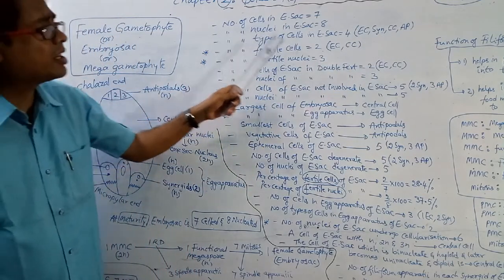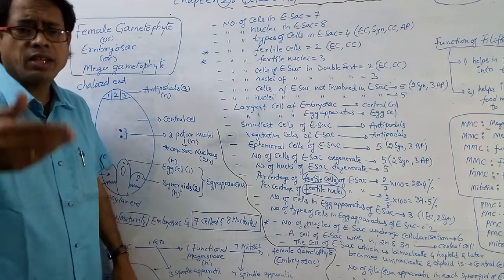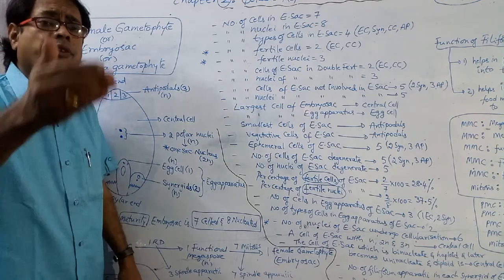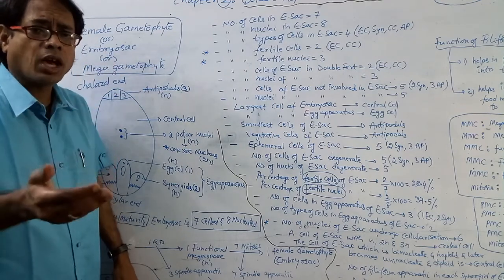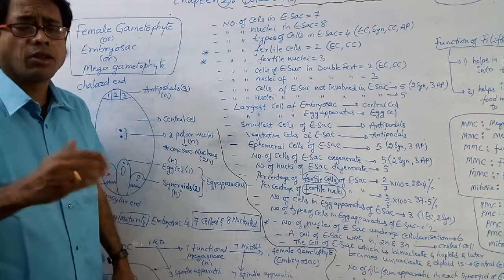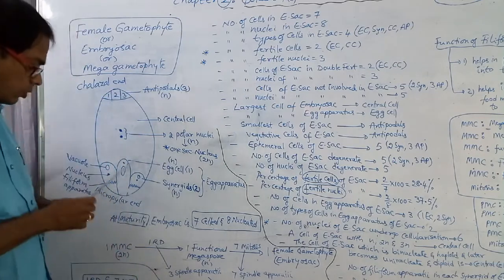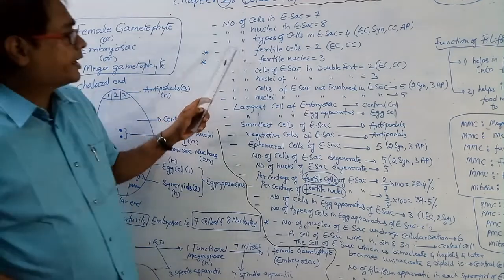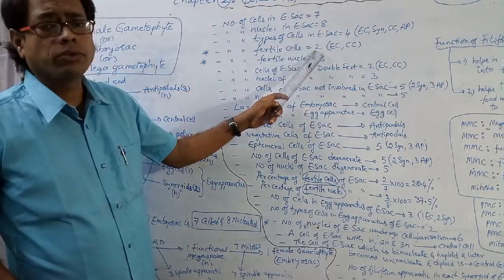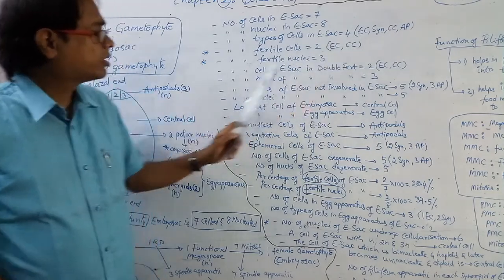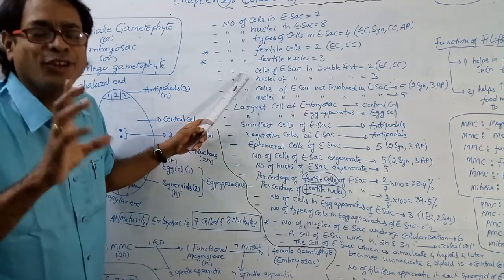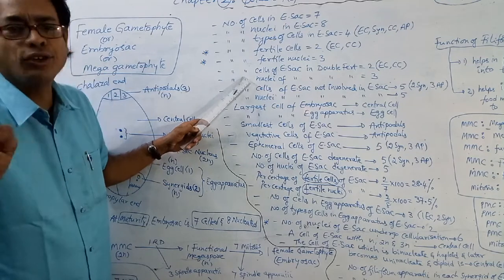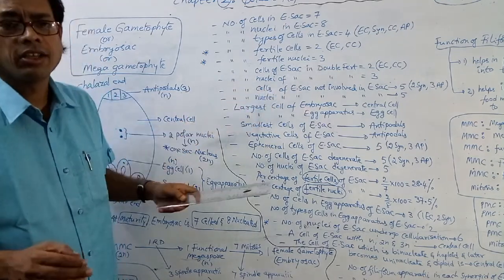The number of fertile cells of the embryo sac. Fertile cells are those involved in double fertilization. What are those two cells? One is the egg cell, another is the central cell. The number of fertile cells is 2. The number of fertile nuclei is not 2, it is 3. Why?